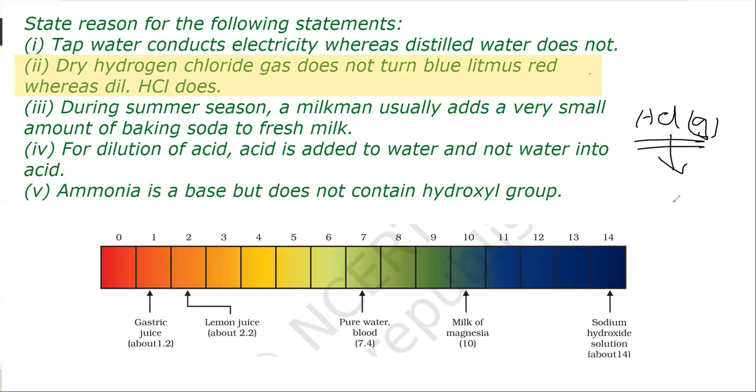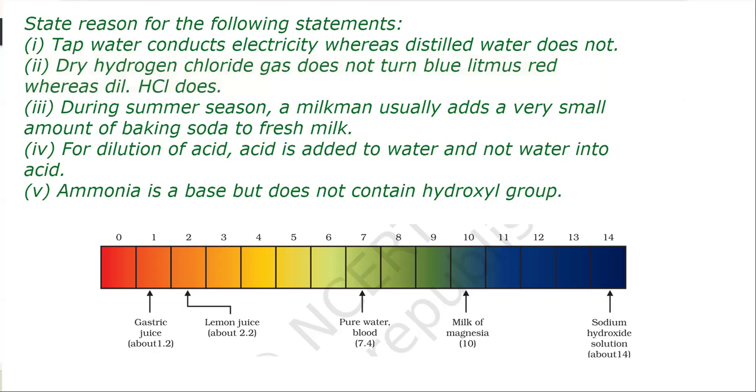But as we know, an acid shows its acidic strength when it is dissolved in water, that means in the presence of water. So there are two options: either you can dissolve this acid in water, or you may moisten the litmus paper. If you moisten the litmus paper and bring it near this gas, it will turn the blue litmus red.